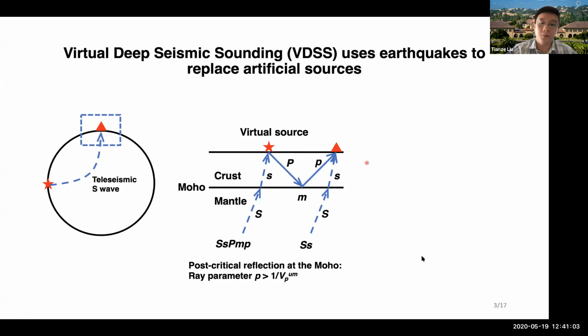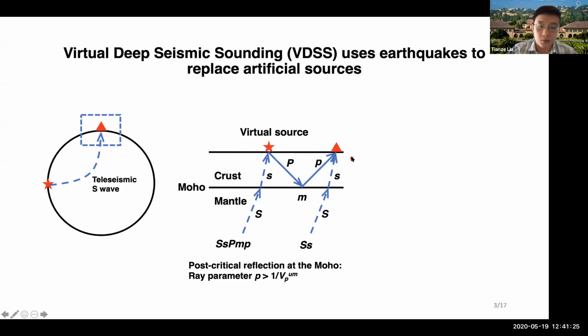Here we have the name for the direct S arrival as well. We call it SS because it simply contains two S legs. And to make this post-critical reflection happen at the Moho, we need to have a relatively wide angle of the incident P wave.